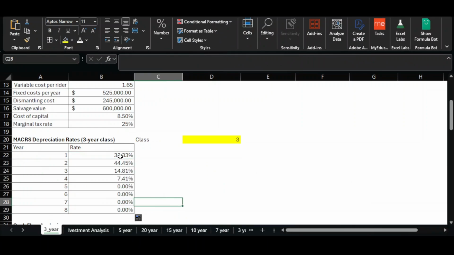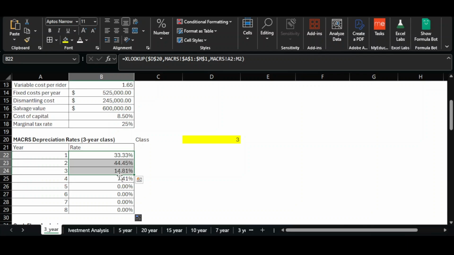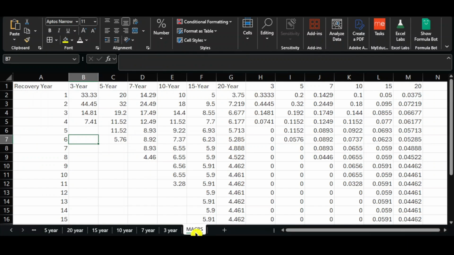And there it is. As you can see, it's 33.33, 44.45, 14.81 for the 3rd year. And if you go back to MACRS, you will indeed see that it is the set of numbers, really, 33, 44, and 0.41.